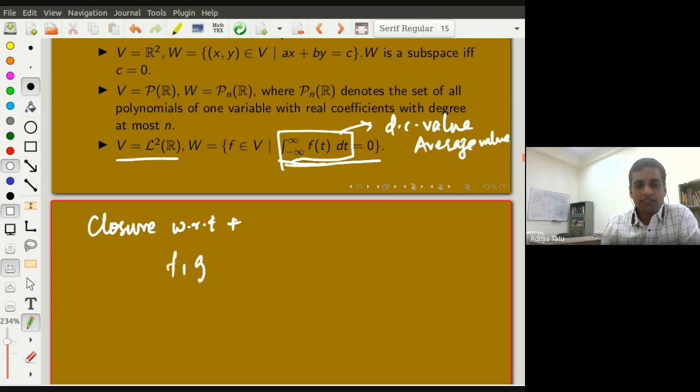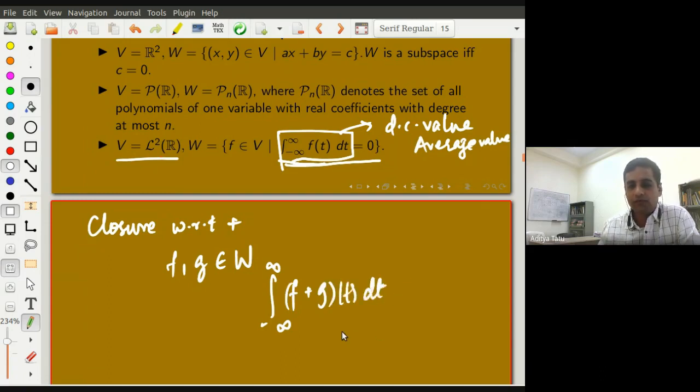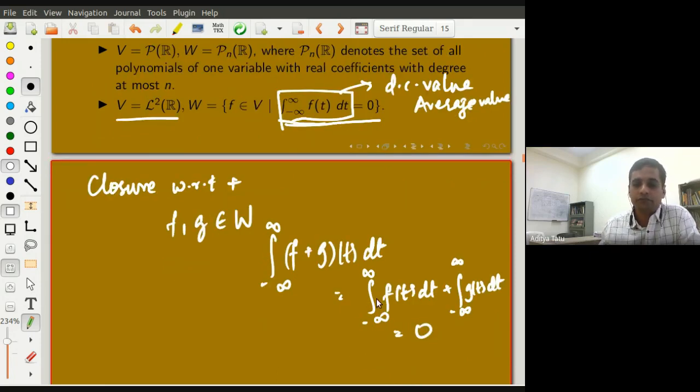If f and g are two finite energy signals whose average value is 0, what about the average value of f plus g? By definition, it is this plus this, and we know this is 0, this also is 0, so 0. So f plus g also belongs to W.